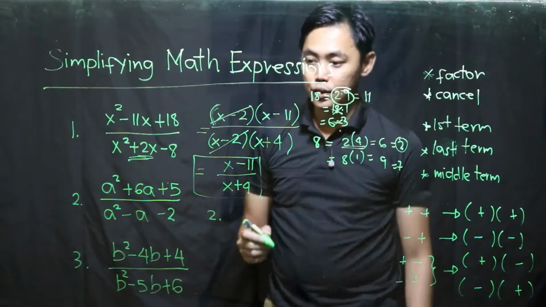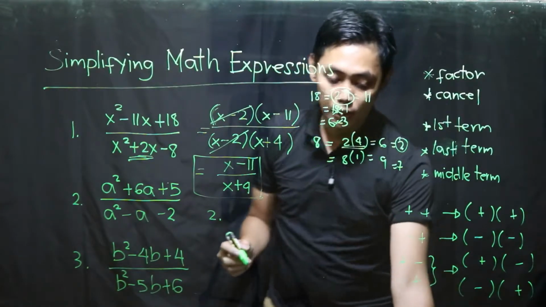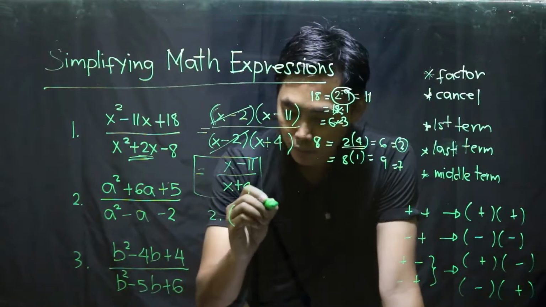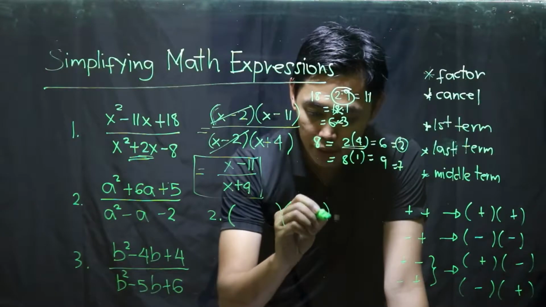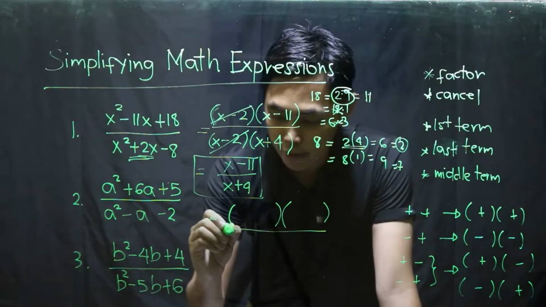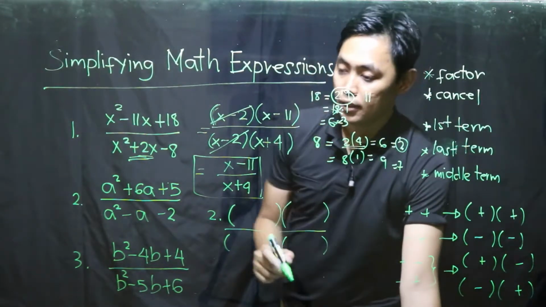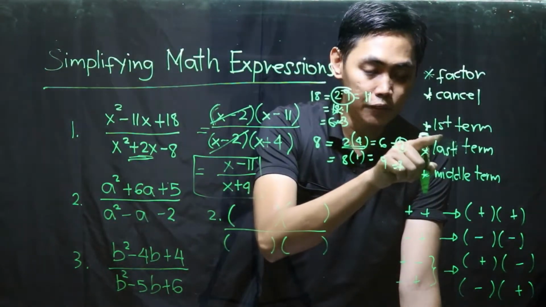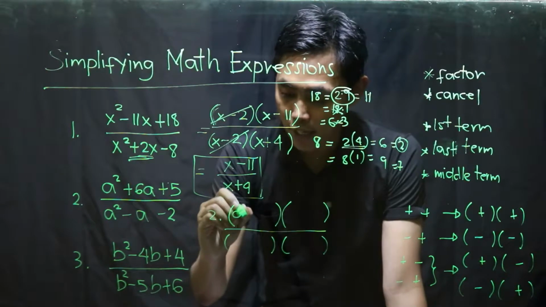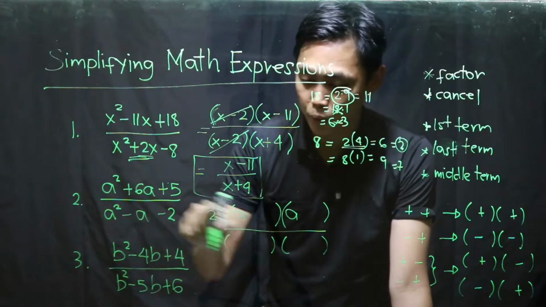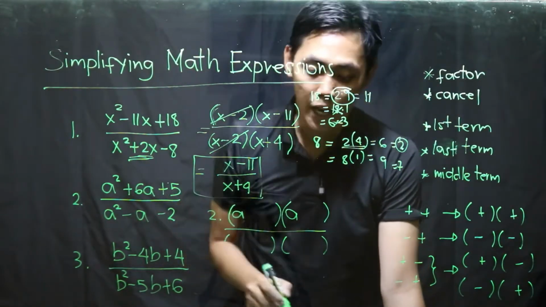Let's solve number 2. Put 2 parentheses over another 2 parentheses. Let's factor first the first term. We have a and a because this is a squared. Next, we have 5.